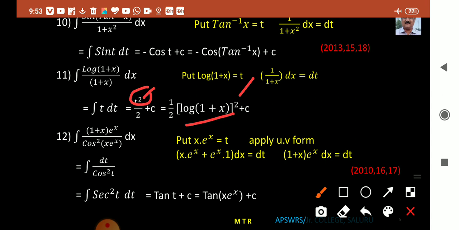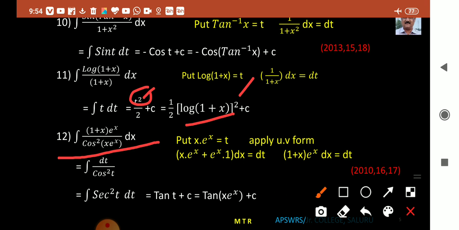Okay. There is another most important problem: evaluate integral 1 plus x into e power x by cos square of x e power x dx. Very, very important. Here you observe, the derivative of x e power x is in the form of uv. You know the derivative of uv, d by dx of uv, is equal to u into v derivative plus v into u derivative.